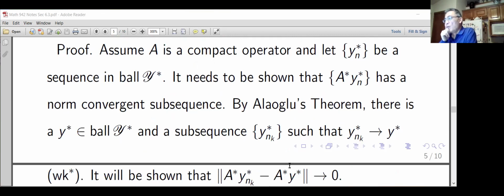So we are going to prove that the norm of A star Y star n sub k minus A star Y star goes to 0. If we can prove this, that means this sequence A star Yn star has a cluster point.